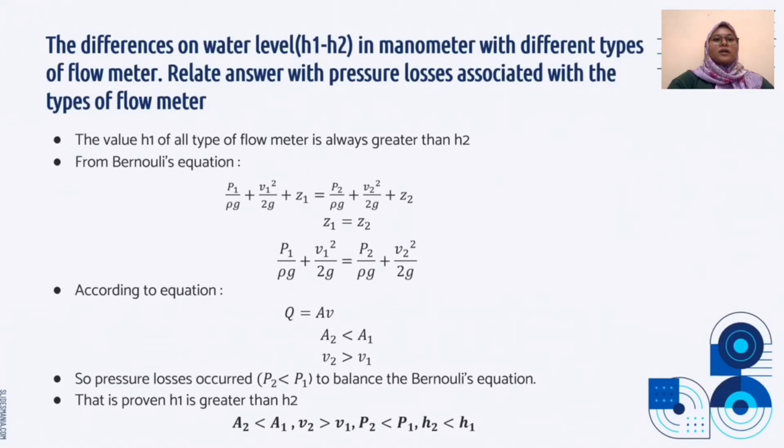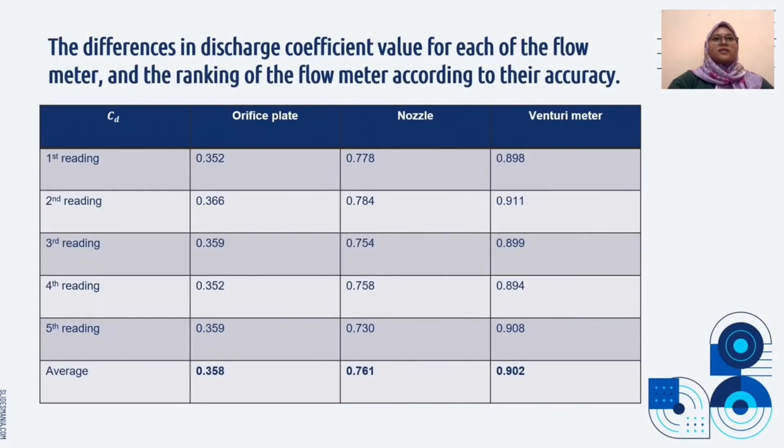So A2 is smaller than A1, V2 is bigger than V1, P2 is smaller than P1, and H2 is smaller than H1. The second question is the difference in discharge coefficient value for each of the flow meters and the ranking of the flow meters according to their accuracy. Here is the table for CD of orifice plate, nozzle and venturi meter from first reading until fifth reading.